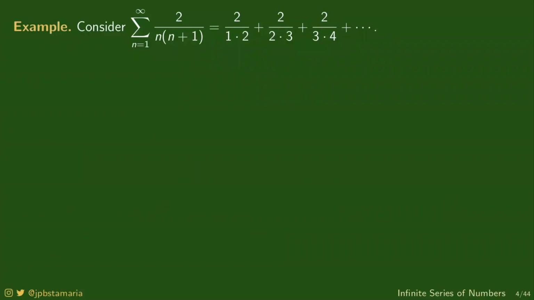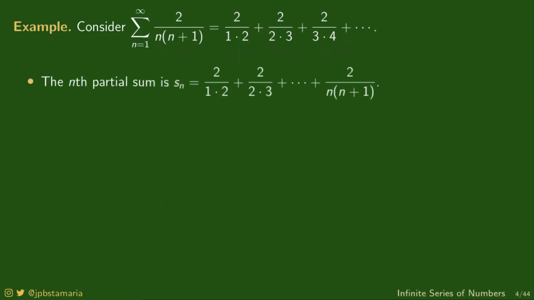You look at the sequence of partial sums. For example, the partial sum of this infinite series is S sub n, given as shown: the first term, the second term, the nth term. I got the nth term from the formula. Now, we will look at these partial sums to see whether they ever converge.